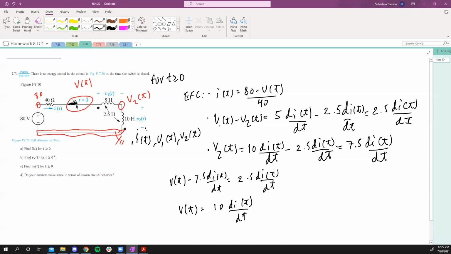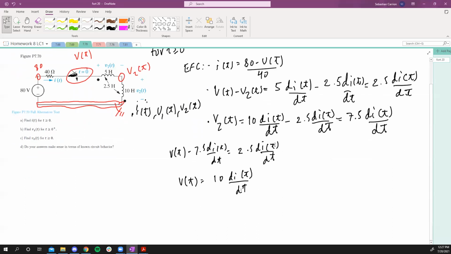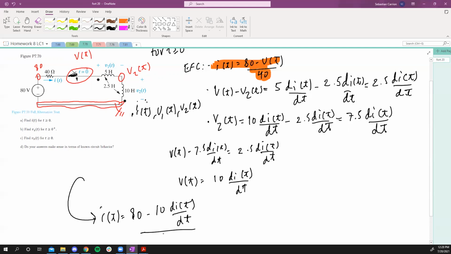So then we can go ahead and replace this into our first equation for our current i(t). So we know i(t) is equal to 80 minus 10 di(t)/dt over 40, correct?